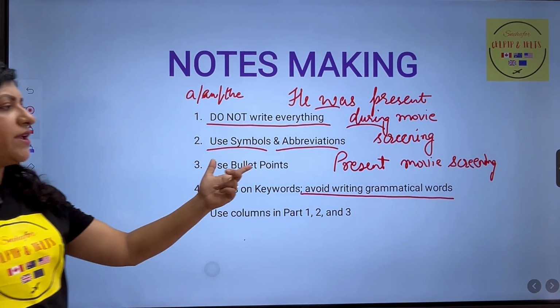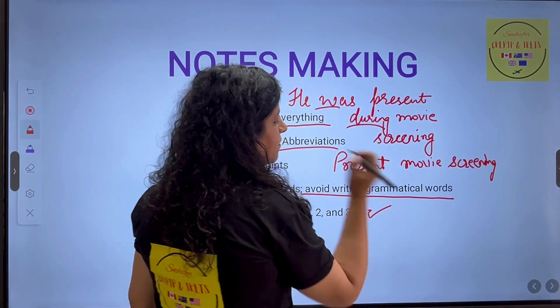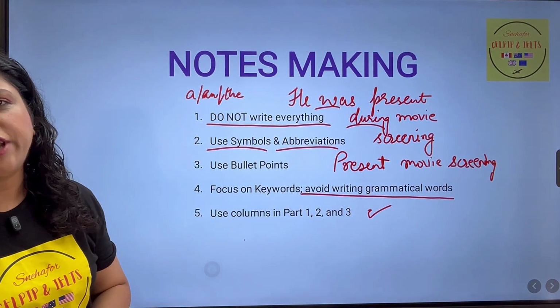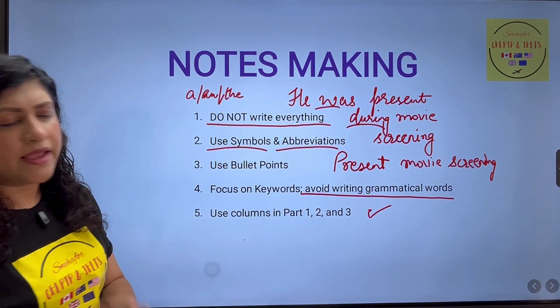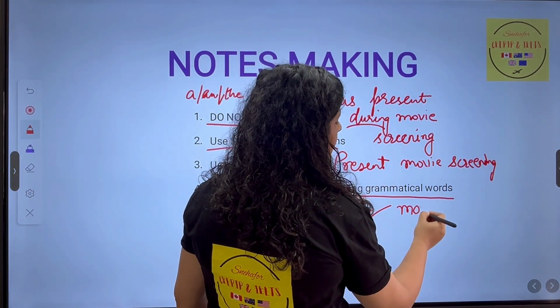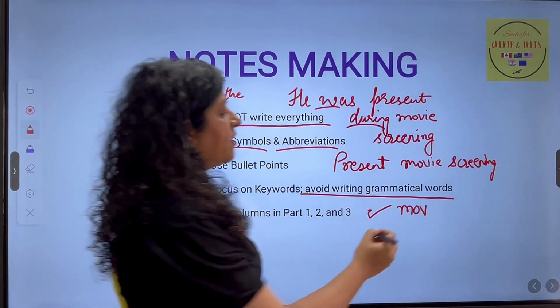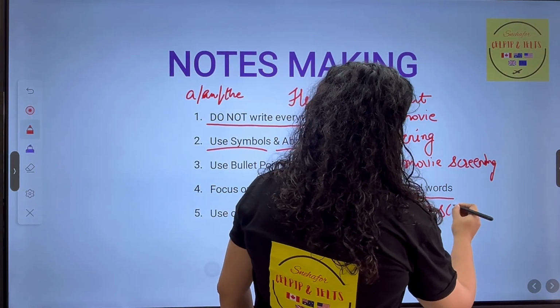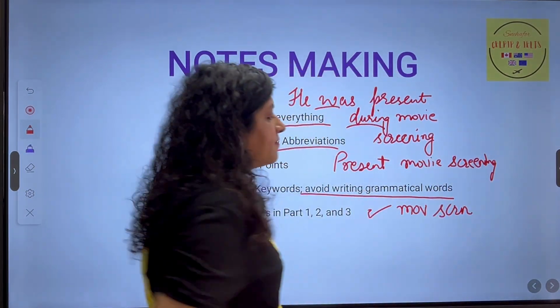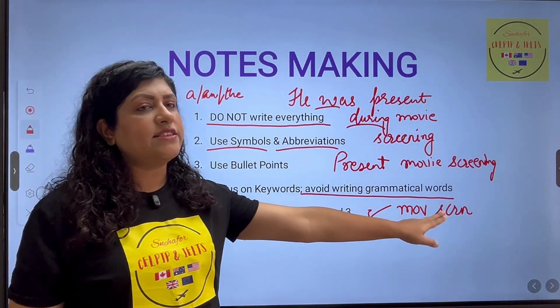Now, how can I do that over here? So instead of present, I am going to write a check, a tick. And then for movie, maybe I will just write MOV. And for screening, I will just write SCRN. So that means I have written present in movie screening.